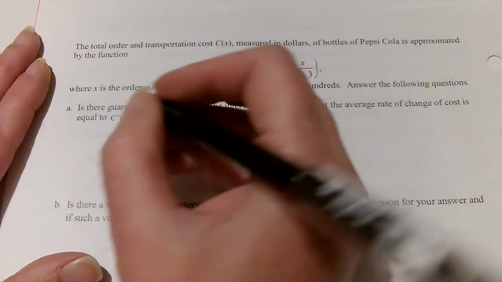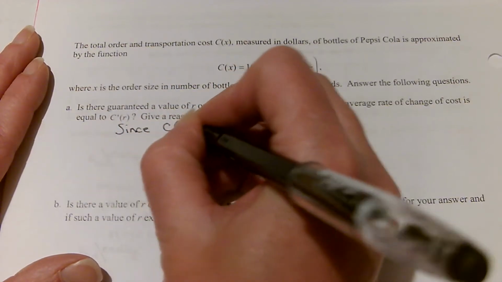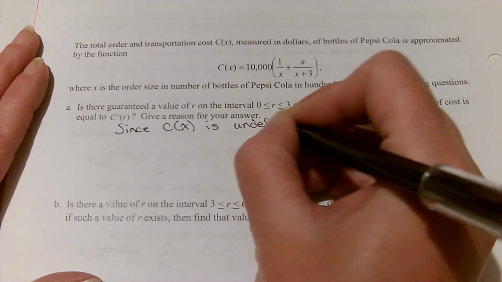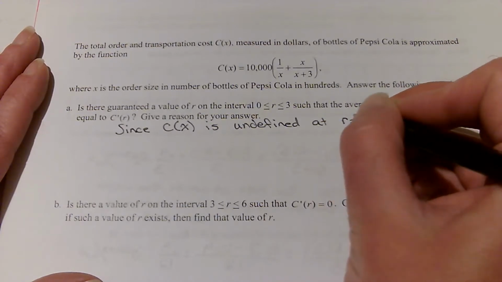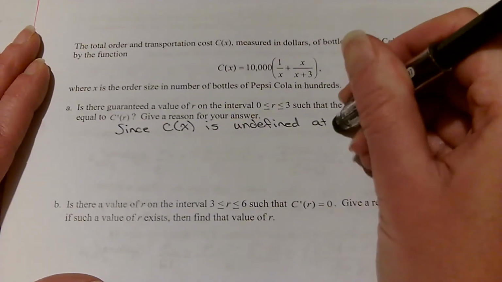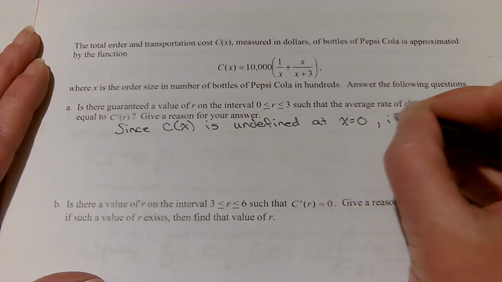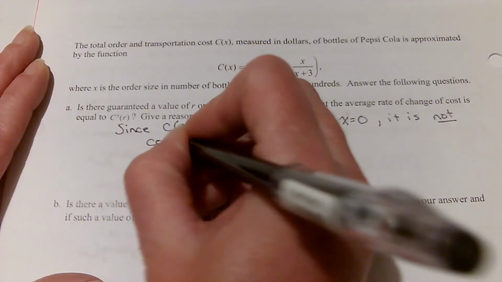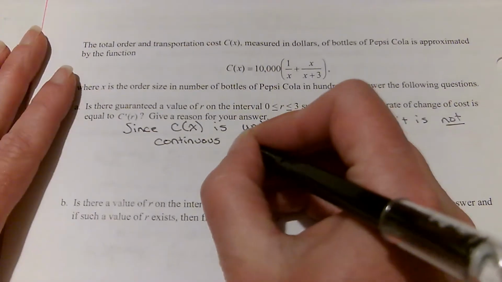So since C of x is undefined at x equals 0, it is not continuous at x equals 0.